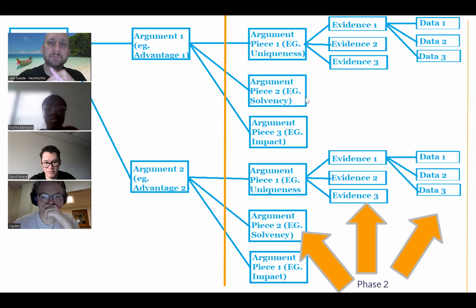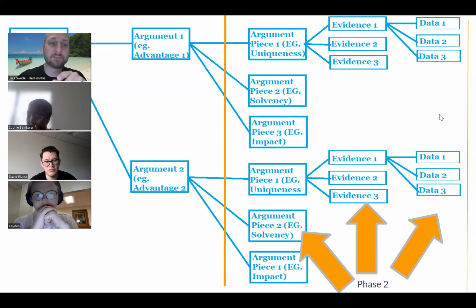Once we get into the subtopics, we know what the structural pieces are, and then what pieces of evidence support them, and we figure out what data exists in these evidences to actually support that, right? So phase two is fleshing out and building out the skeleton that we've created.